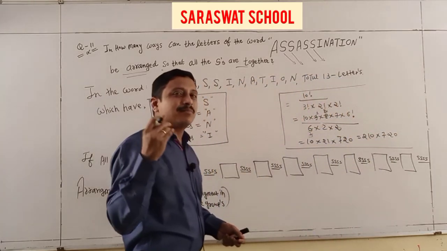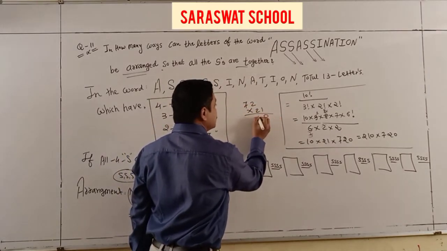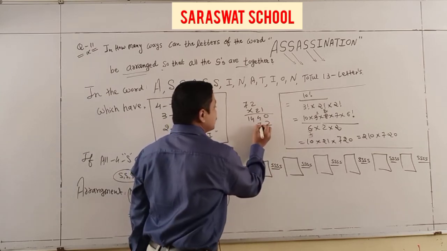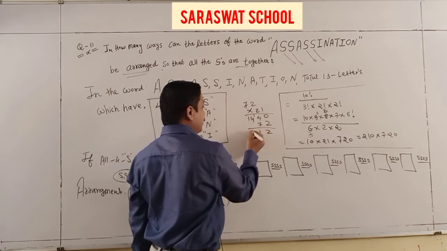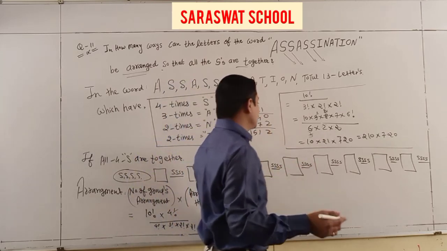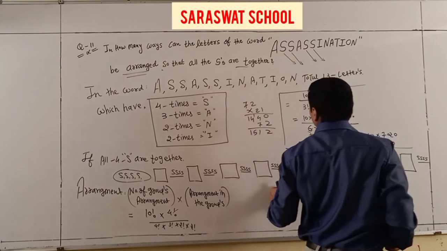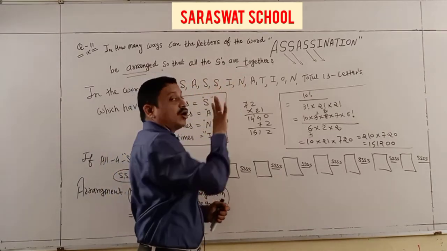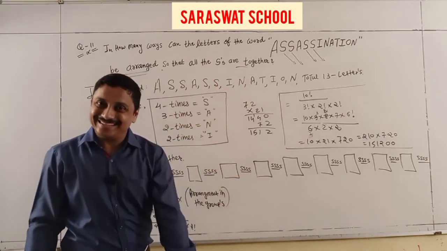Now simply the product: 72 into 21 gives 1512, with the 0 behind it. It means my answer is 151200, the ways we can arrange all these letters with all 4 S combined at a time in this way.